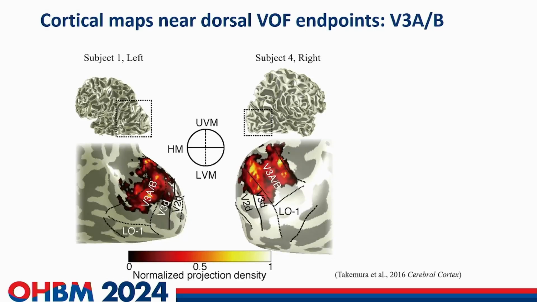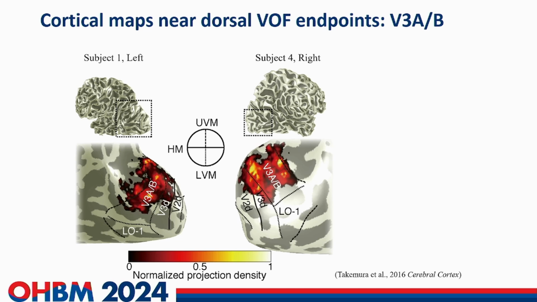But in the modern world, we can also try to estimate which areas are approximately connected by this pathway, in order to incorporate this fiber bundle into our understanding of information processing. This is a representation of the inflated cortical surface.